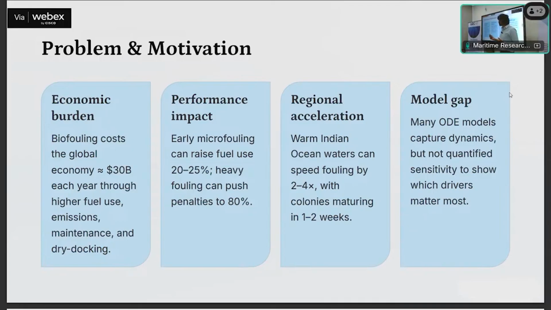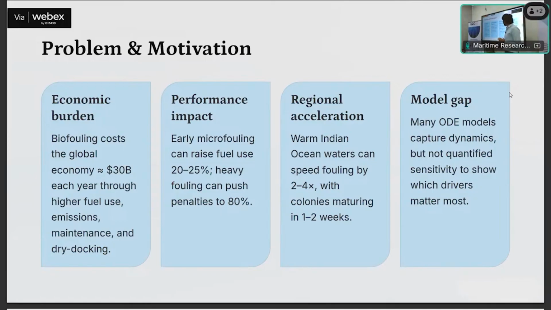Biofouling has cost the global economy around $30 billion in just higher fuel use, maintenance, and dry docking. So that's a lot of money, and it needs to be dealt with. Along with that, it can also push penalties to around 80%, where it can cause friction and changes in temperature as well, which affect the performance of the ships and oil rigs.